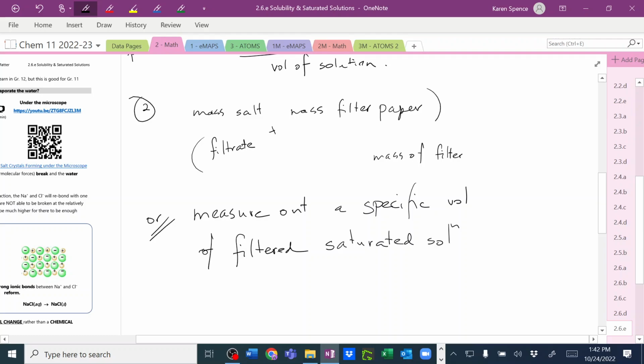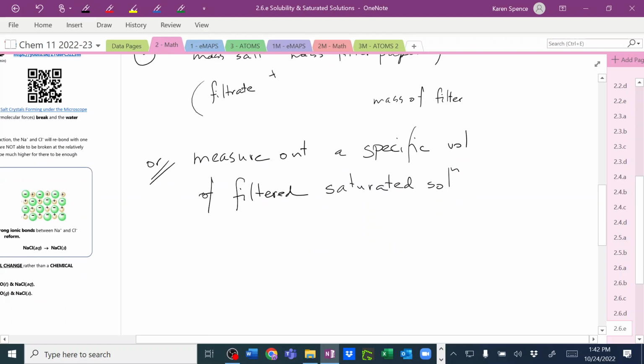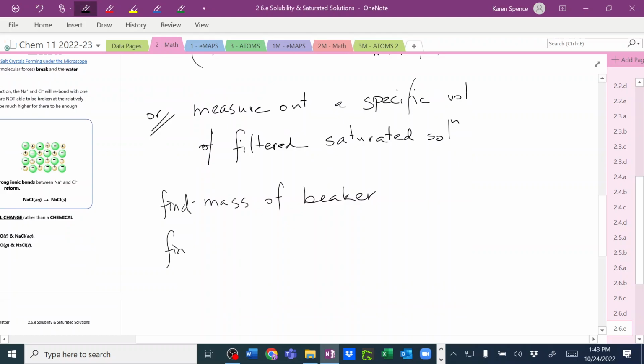Then you can evaporate it to dryness and take the mass of the salt that remains. You can find the mass of a beaker, and you could boil to remove the liquid.